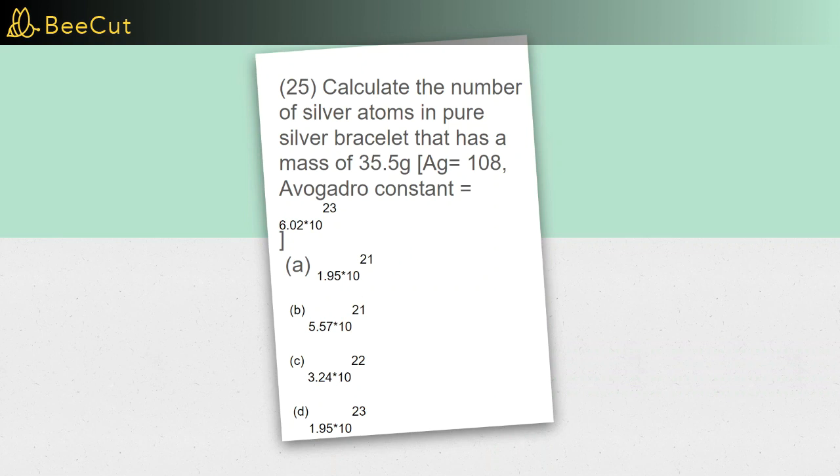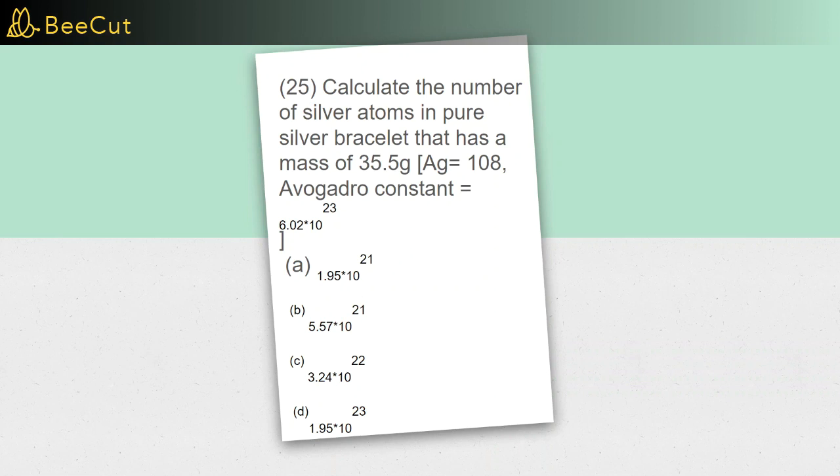How do we do this? I told you that 6.02 times 10 raised to power 23 is equivalent to the gram of the silver atom. That shows 6.02 times 10 raised to power 23 is equivalent to 108 grams.